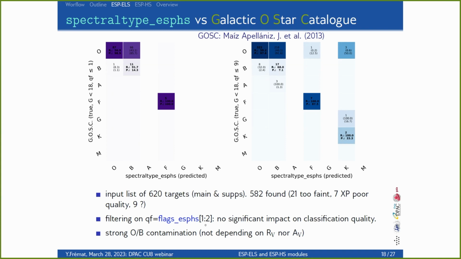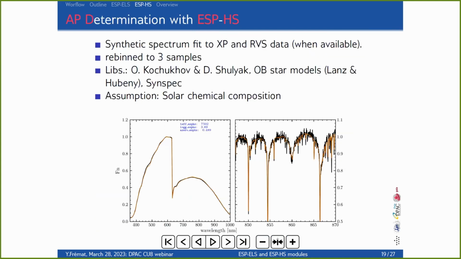What I know is that this is not related to extinction. So it's just something to keep in mind when we, for example, want to select only O-type stars. We also have to take care of B-type stars and maybe cross-match with the other fields of the astrophysical parameters table.